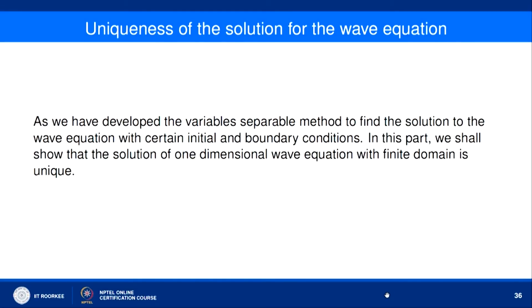Then the next result is uniqueness of the solution for the wave equation. As we have discussed, the variable separable method finds the solution to the wave equation with certain initial and boundary conditions for a finite boundary value problem. It means that in a finite string which is fixed at the ends x equal to 0 and x equal to L, we have found the solution using the variable separable method.